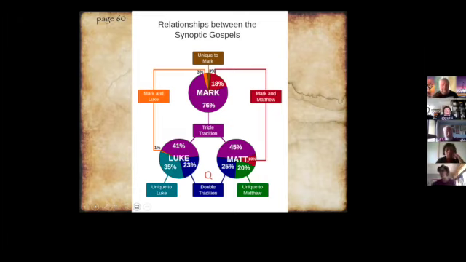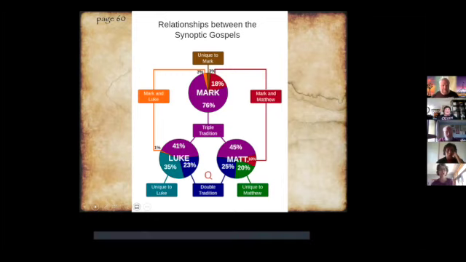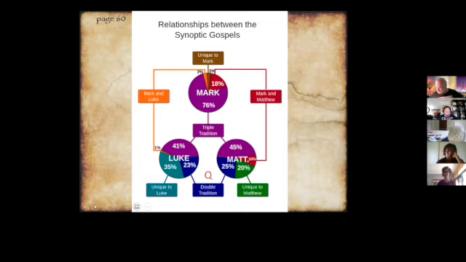Again, just a reminder, where we have Mark, and unique to Mark, we have a small percentage there. And then we have a small percentage found in Mark and Luke, and another small percentage found in Mark and Matthew. The rest of that percentage, that 76%, is known as the triple tradition because Luke and Matthew use that material from Mark somewhere in their Gospels, 41% in Luke and 45% in Matthew.